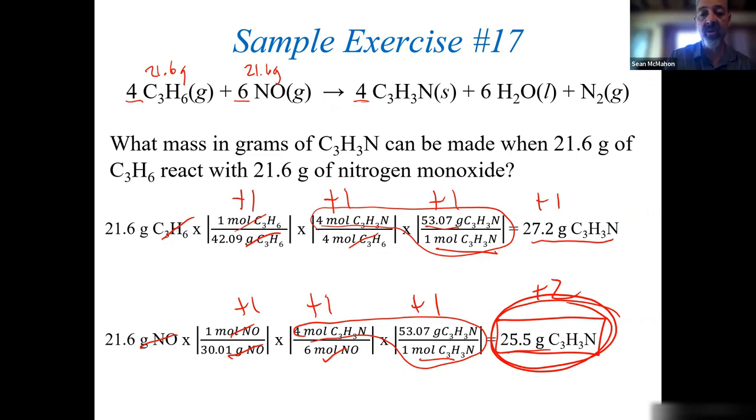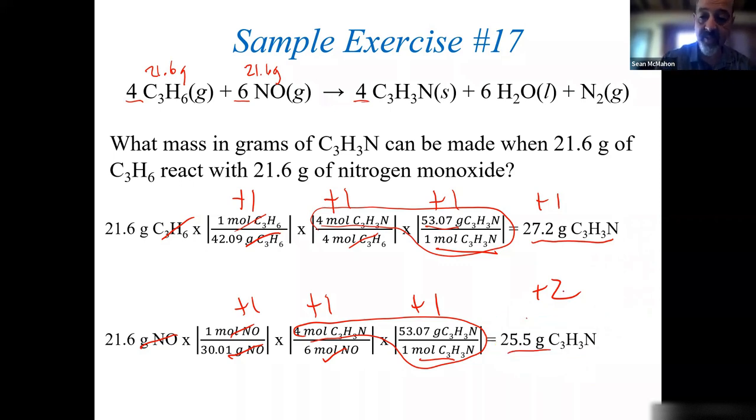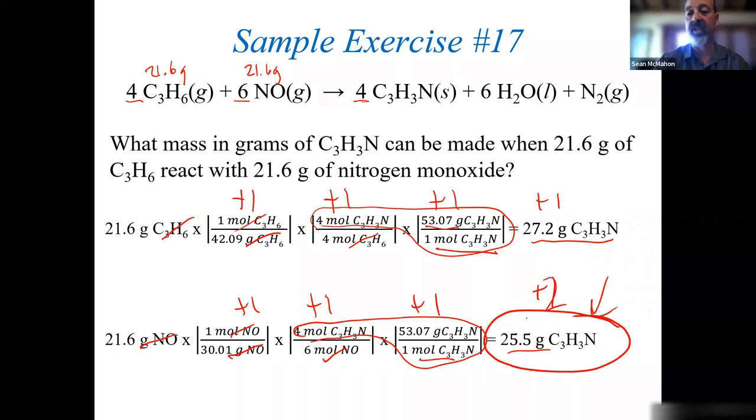But if you don't circle this, because you're not identifying this as the final answer, I can't give you the full 2 points. I can basically give you a point because you came up with the right number, but you're not letting me know that that's your final answer, because that's how many grams.